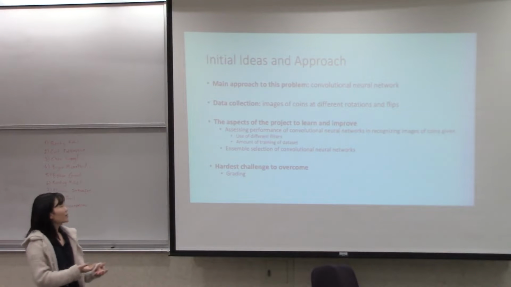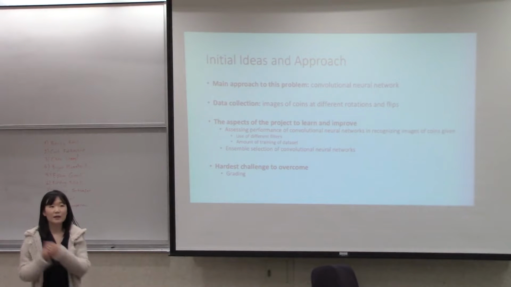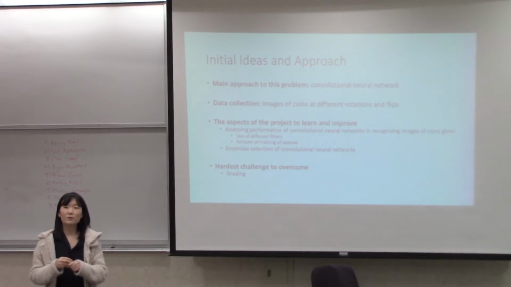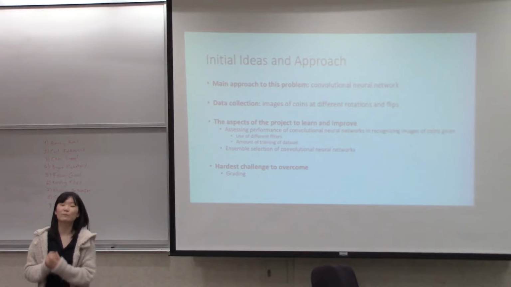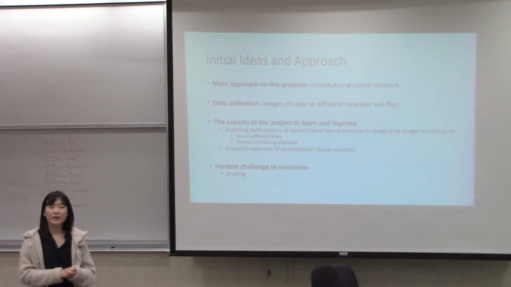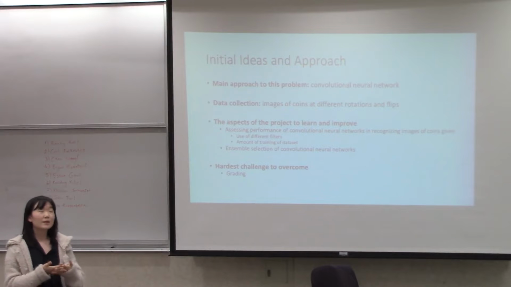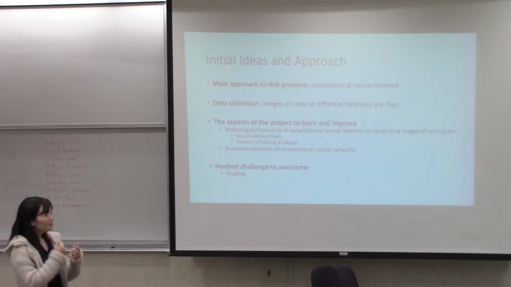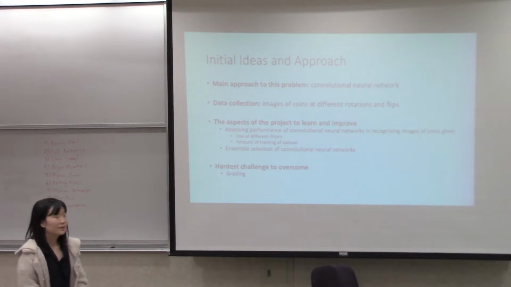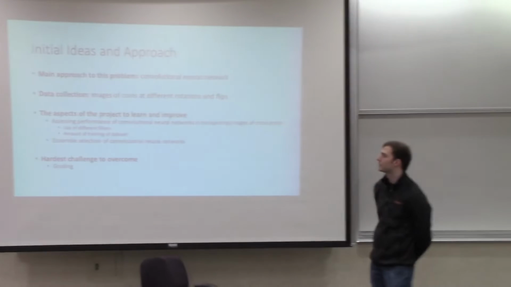And so we have these convolutional layers, and steps that would follow are normalization to emphasize what's really the most relevant parts, regularization to prevent overfitting, and probability conversion to help us make the final decision. And the specific data collection that we'll be using are images of coins at different rotations and flips. So that's the project we want to learn from and improve in our course.